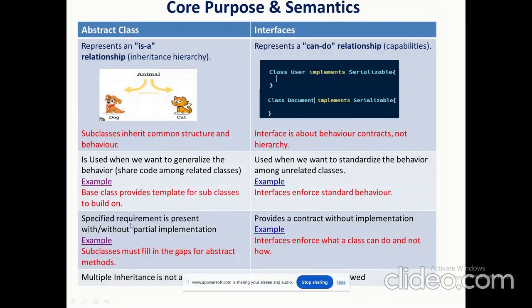Now, when a specific requirement is present, abstract classes can be used to include both concrete methods as well as abstract methods. Concrete methods means fully implemented methods, and abstract methods means with no implementation.